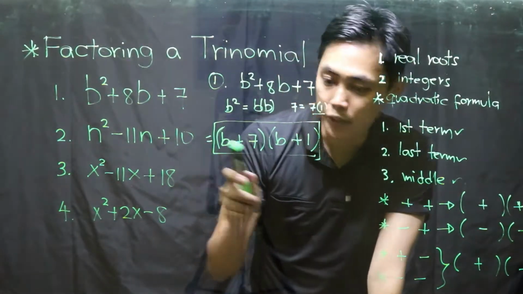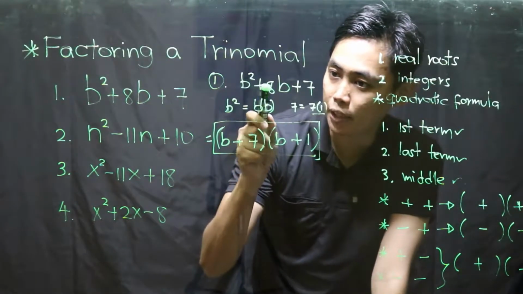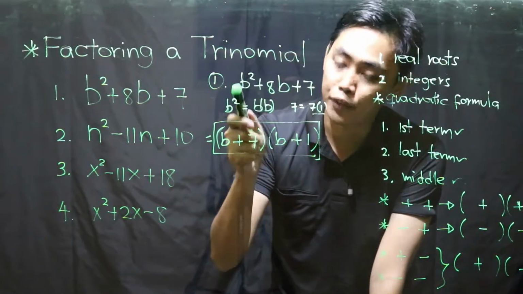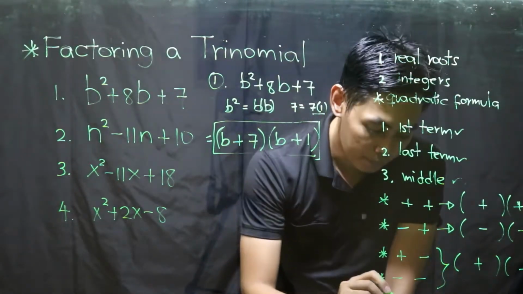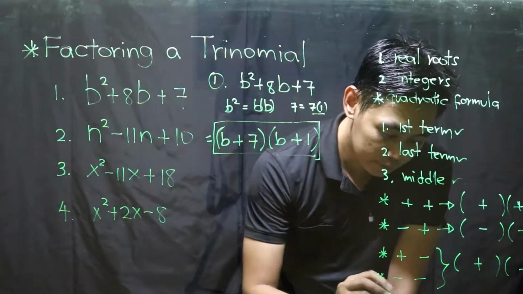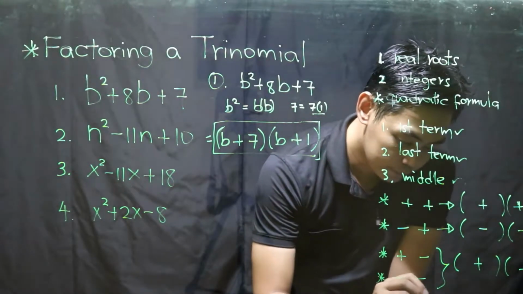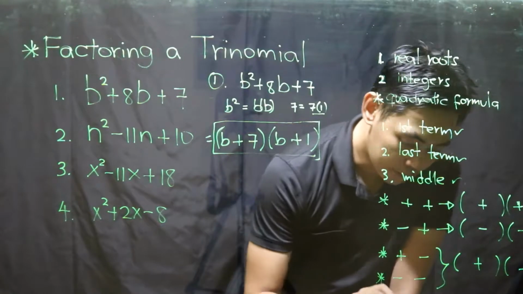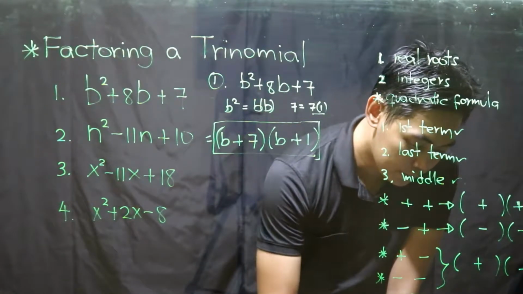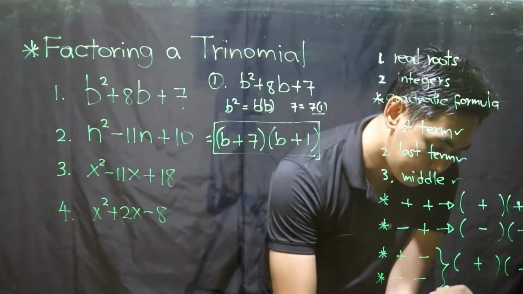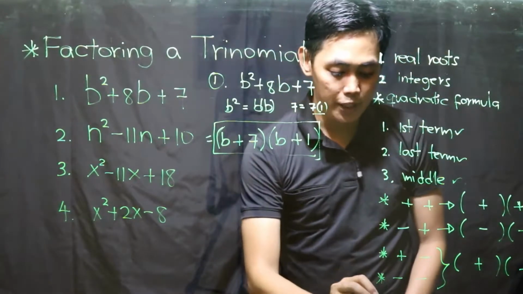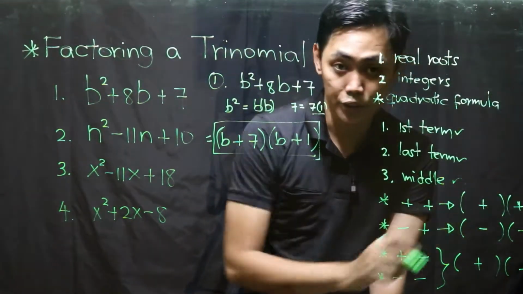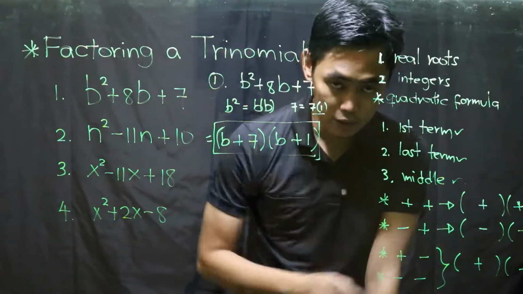So if you have two positive numbers, like here, positive 8b and positive 7, as long as the first term is positive, there's no concern because all the factors are positive.